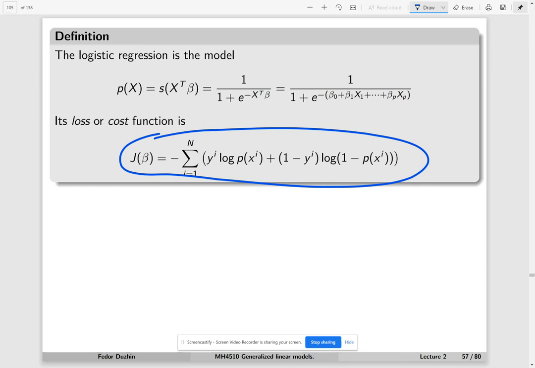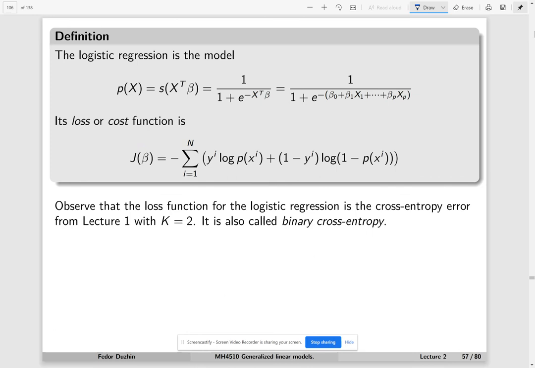So logistic regression is the model where we fit the log odds of our probability as a linear regression, but we use a different loss function: not the mean squared error, but this formula. If you think a little bit about it, you will realize that this loss function is just the cross entropy from lecture 1.